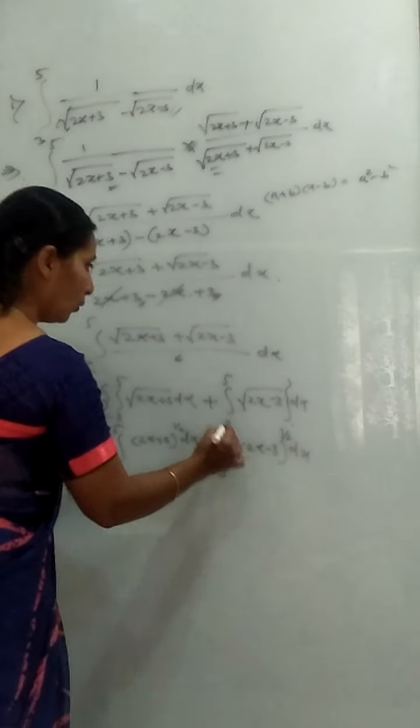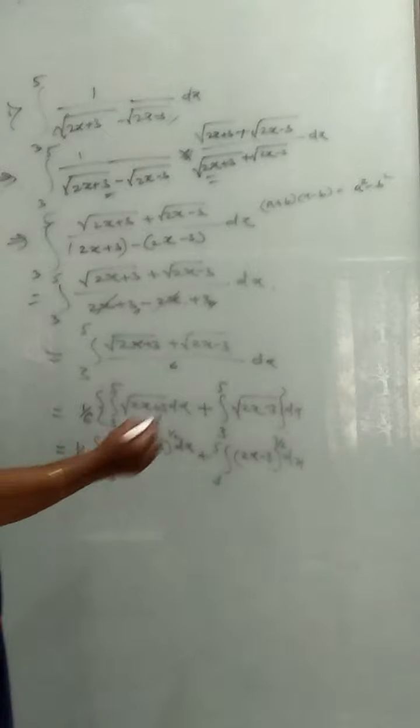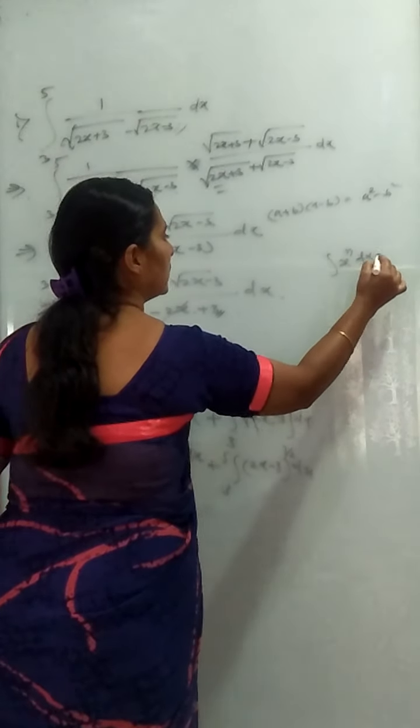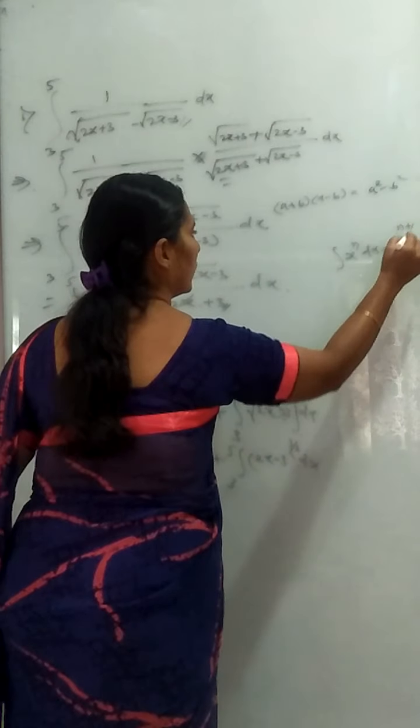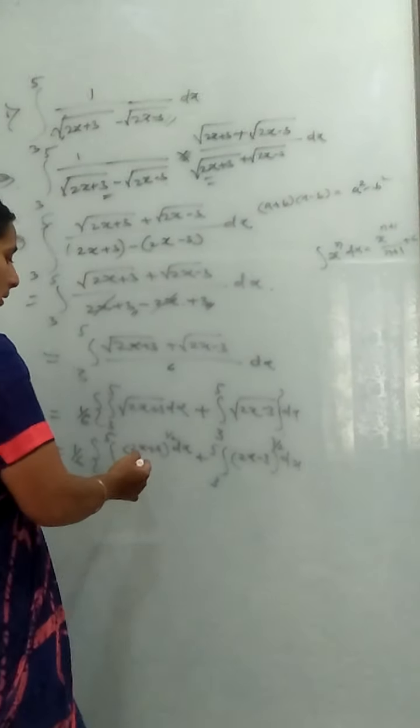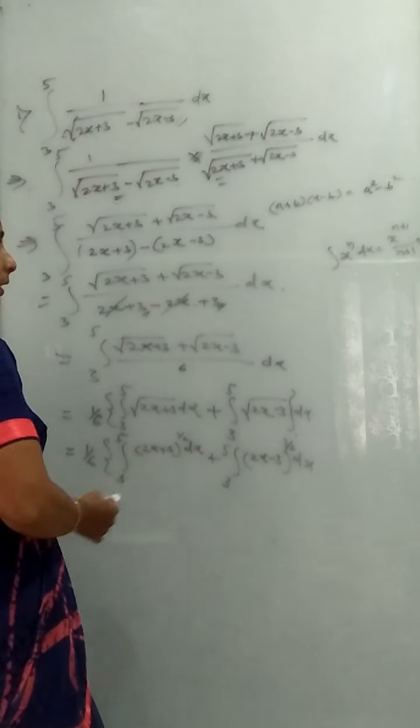We know the integration of x raised to n dx is equal to x raised to n plus 1 upon n plus 1, plus c. This is a composite function.